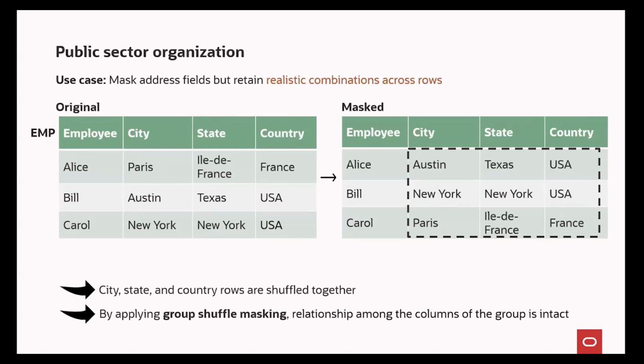After masking, they would want to have realistic values, even across the rows. If there is a city, Austin, then after masking, even the state and the country should have the actual, realistic value. This compound masking can be achieved using our group shuffle masking format, where it will maintain the relationship among the rows, and it will be kept intact.